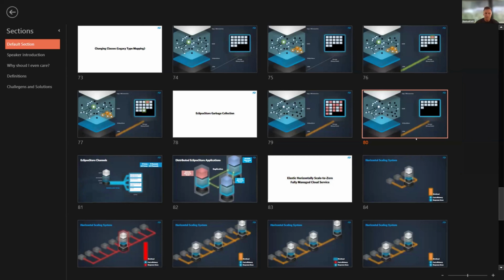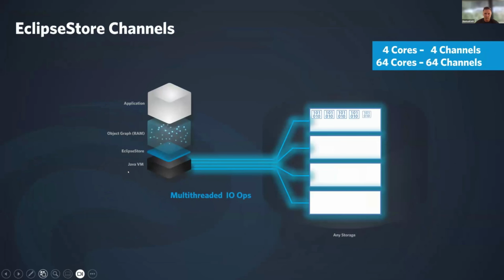Okay, IO operations are the slowest part of EclipseStore, but we provide a concept. It's called channels. So you can use multi-threaded IO operations. The more cores you have, the more channels you can use for parallel IO operations to speed up your IO operations.